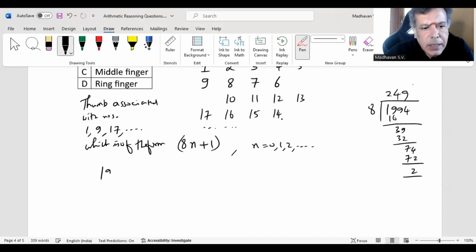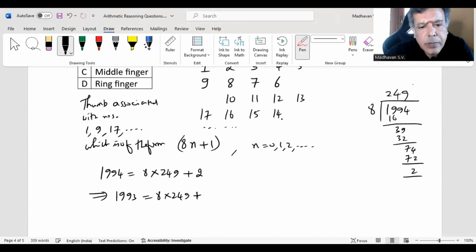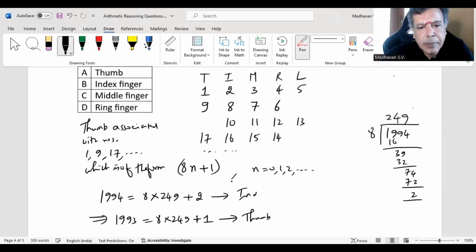So I can write 1994 as 8 times 249 plus 2, which means 1993 is 8 into 249 plus 1. And that is related to your thumb finger. That means this will be related to your index finger. So our option for this is index finger.